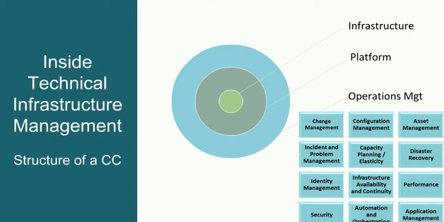Then the whole area of infrastructure availability and continuity, and the performance of the infrastructure so that it conforms to SLAs and that it delivers to the requirements of the organization. Then you need to consider things like automation and orchestration. Very important, as I highlighted earlier, in the whole area of optimizing the whole IT infrastructure. And finally, you need to consider how you're going to manage your applications that are sitting on the infrastructure.